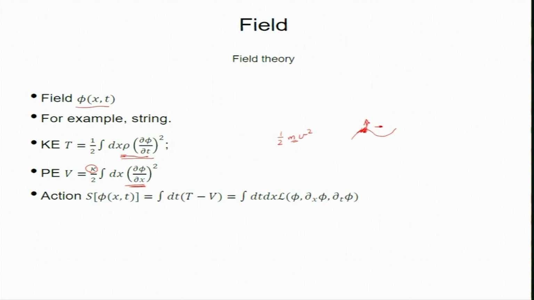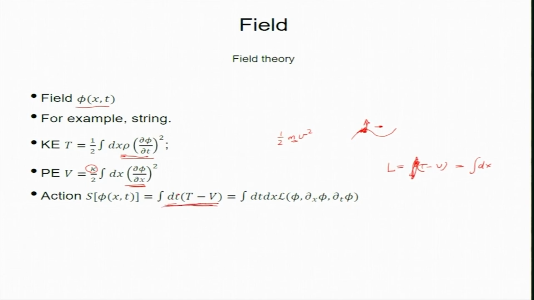So, the Lagrangian is the same thing, kinetic energy minus potential energy, but instead of for a particle we have it for a field. Now, the Lagrangian will be the integral of T minus V, and that will be the integral dx of this object, rho phi dot squared minus the potential term. What is the action? Action is the integral of L dt. So, this is what I wrote, the action, okay.